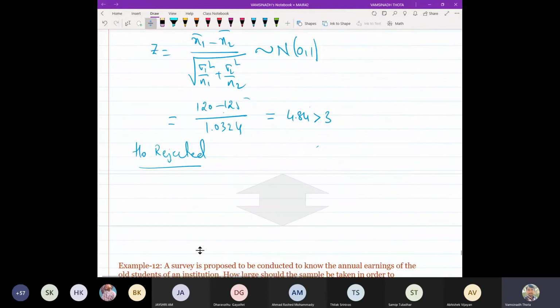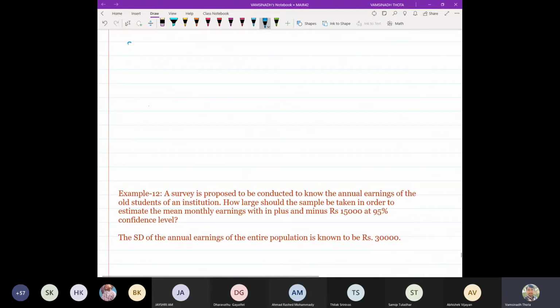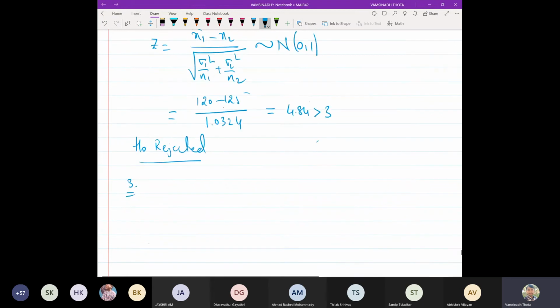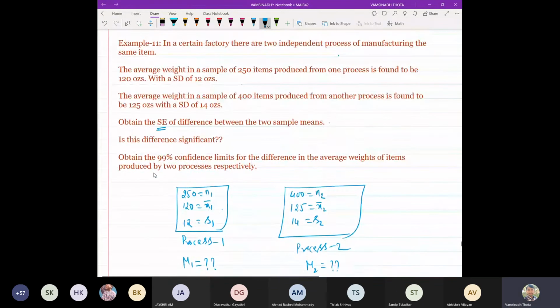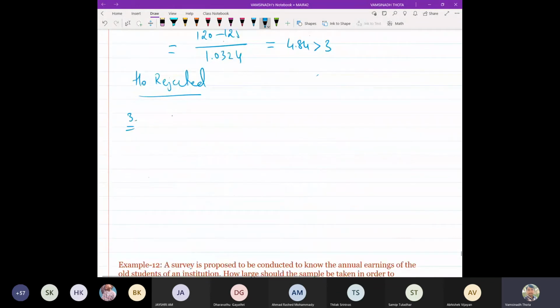Now, there is one more thing we need to find: the confidence interval. Obtain the 99% confidence limits for the difference in the average weights of items produced by the two processes respectively. That is what we need to find out: mu1 minus mu2 belongs to what?